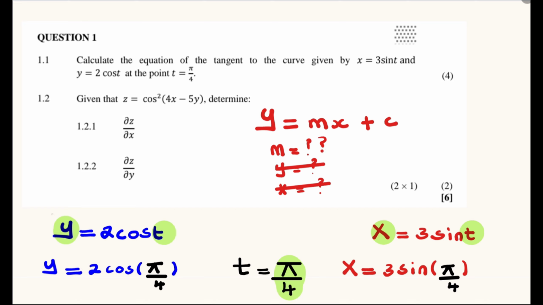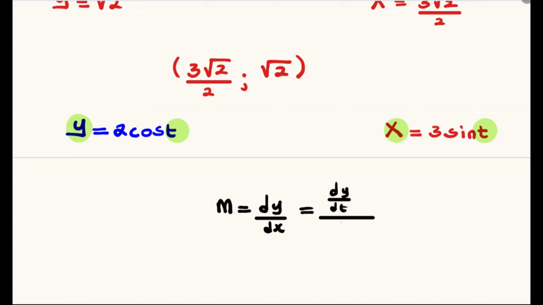We copy and paste the parametric equations. We have the following parametric equations, and our gradient m will be equal to the derivative of y with respect to the derivative of x, which will be equal to the derivative of the y with respect to t divided by the derivative of the x with respect to the derivative of the t.